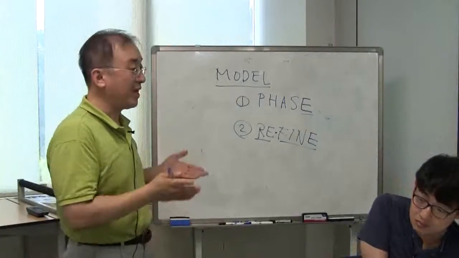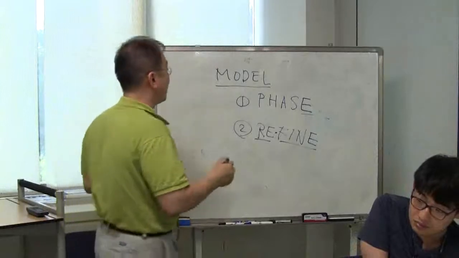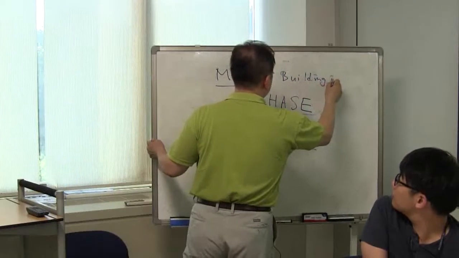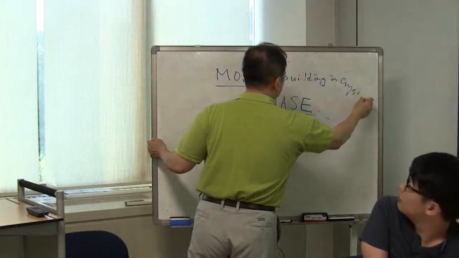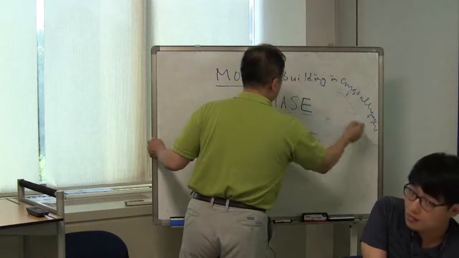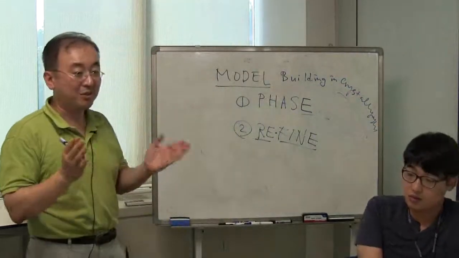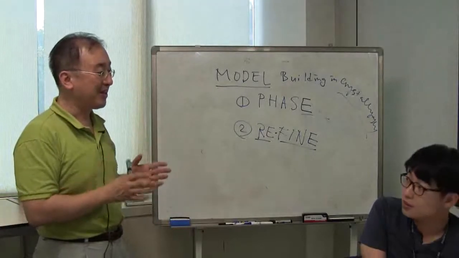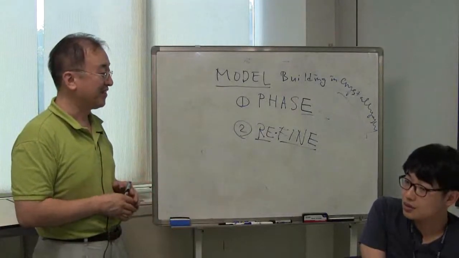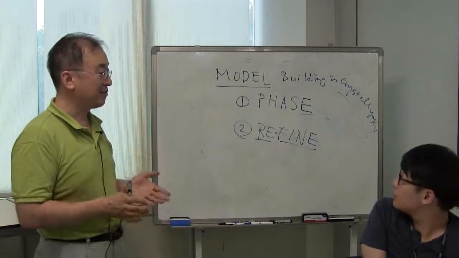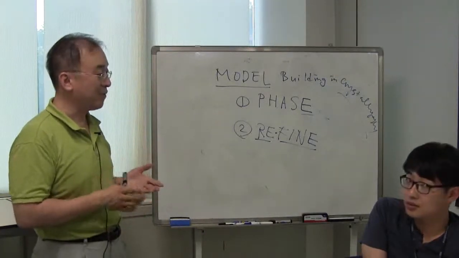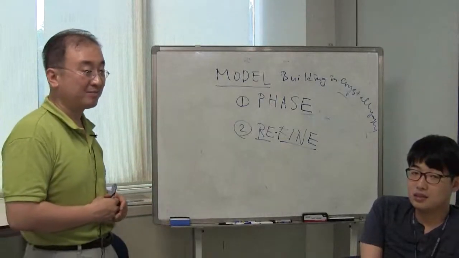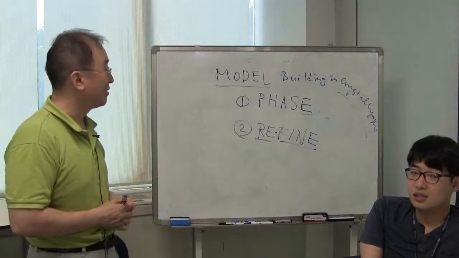But what is phase in model building, in crystallography? I'm asking you, Sanguk and Muhammad, particularly Sanguk, because he has done model building. Model building consists of two parts, phasing and refinement. What did you do in phasing? Phasing will determine the primary positions.